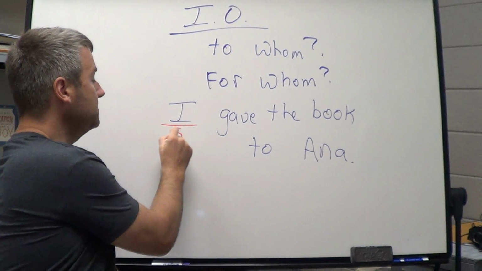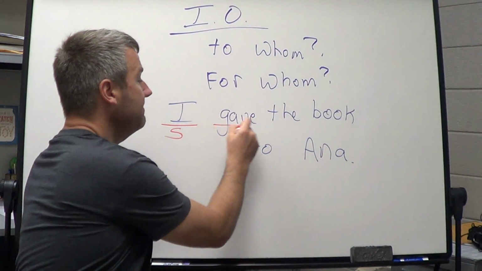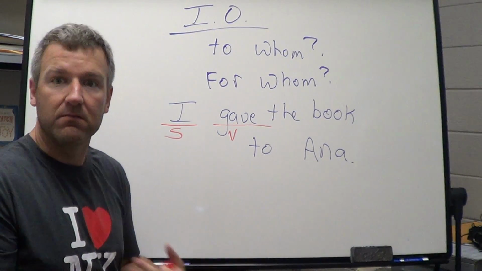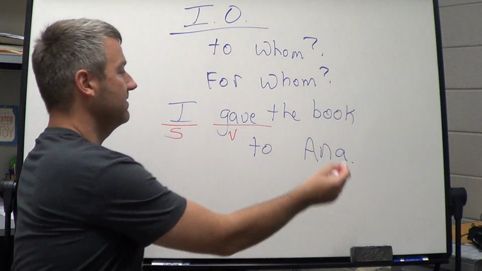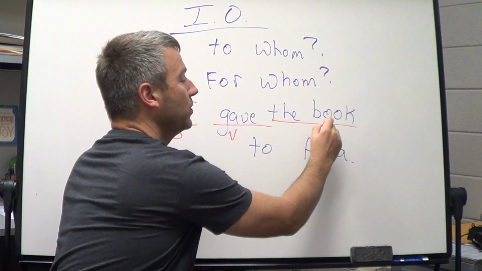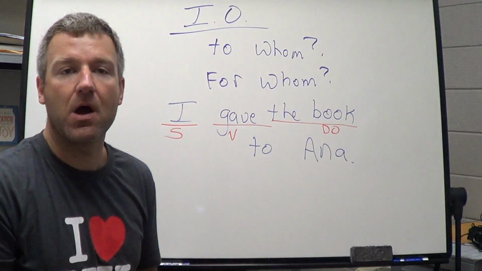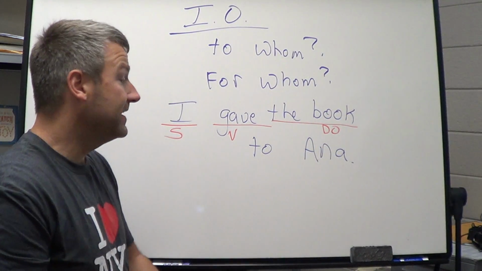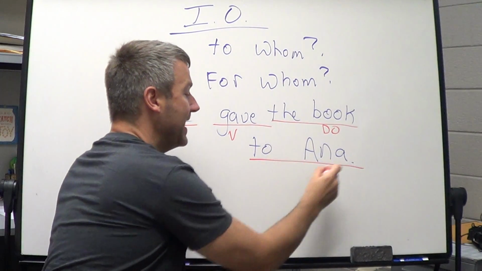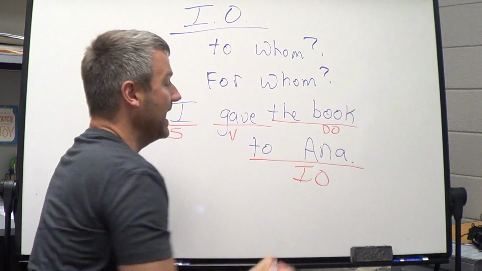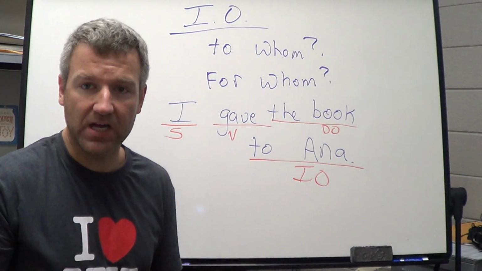So I is your subject, and then gave is your verb. That's what the subject did. That's what I did. I gave. And then what did I give? I gave the book. So we know that the book is our direct object. And then to whom did I give the book? I gave the book to Anna. So Anna is our indirect object.